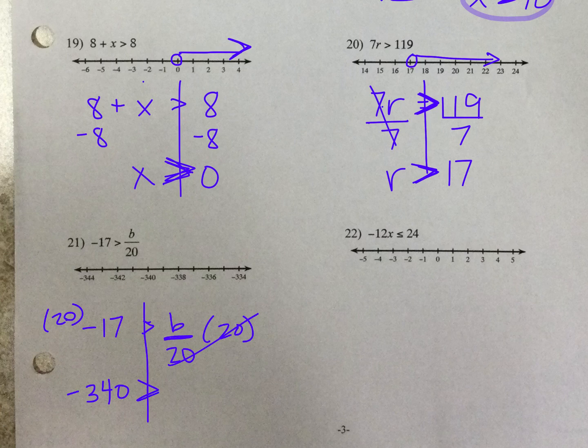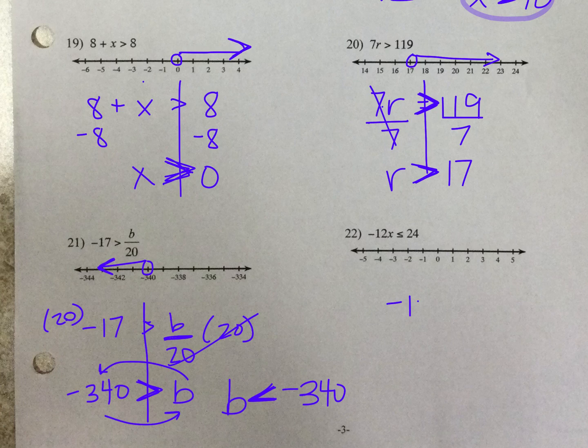I copy down my sign and write a B. Now, if I'm ready to graph that, I need to flip it all over so I don't get my graph going the wrong way. Open on 340, and that's going to be the end of my arrow, so it needs to go that way.